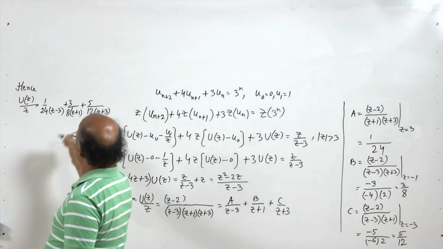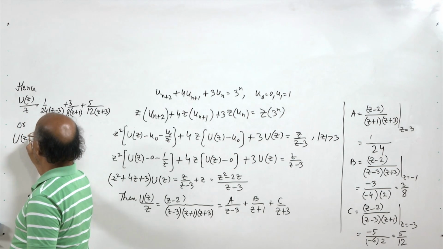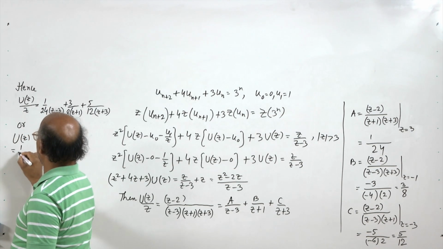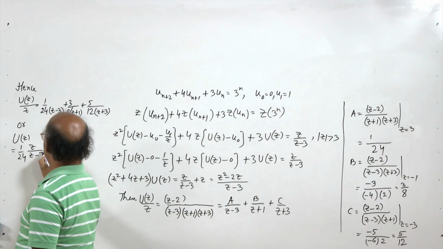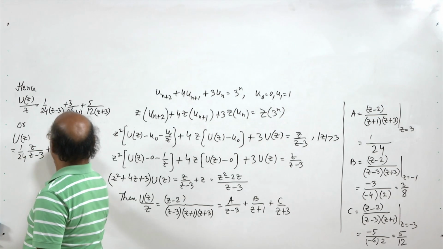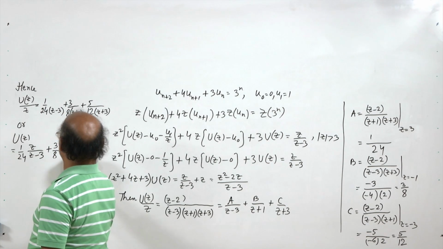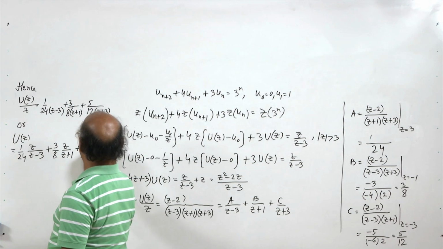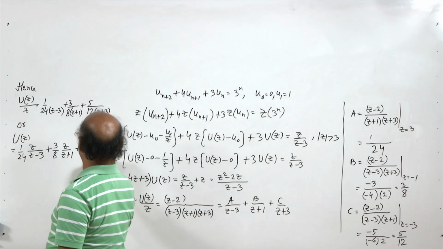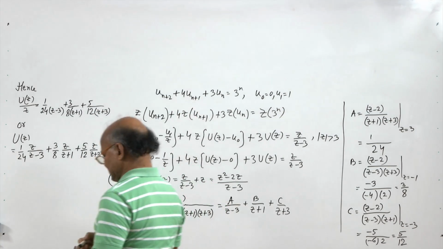Okay, so now we can multiply by z. So, this gives U(z) is equal to 1 by 24 z over z minus 3 plus 3 by 8 z over z plus 1 and 5 by 12 z over z plus 3. Now, we can easily invert this.